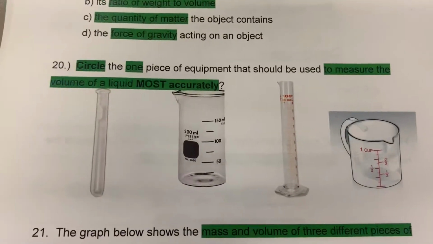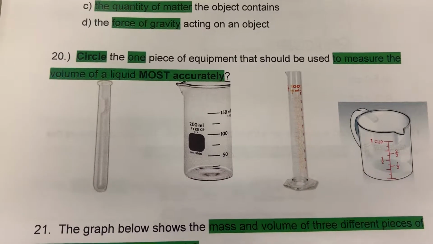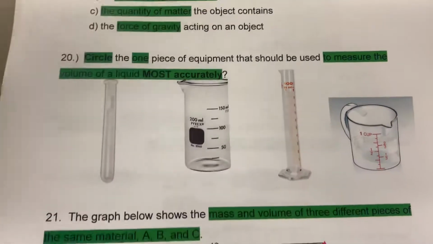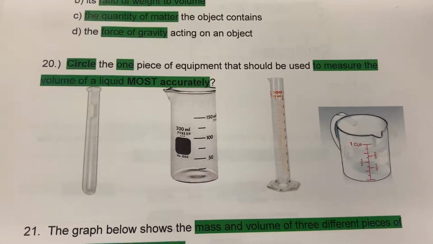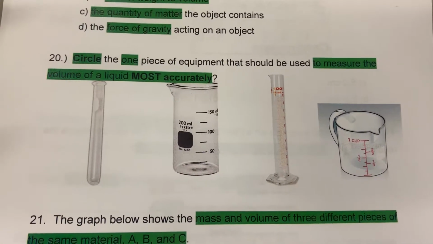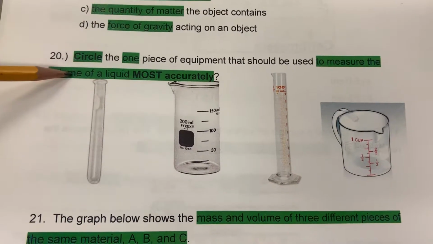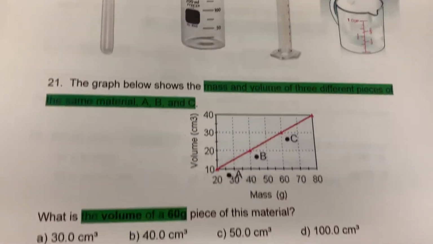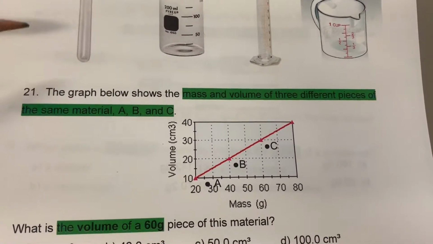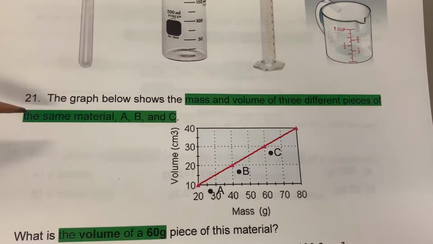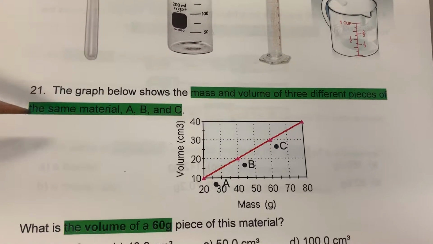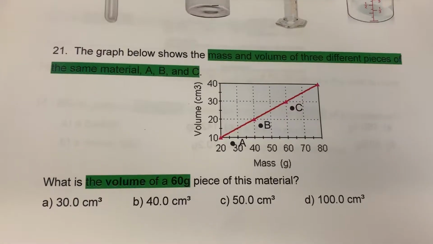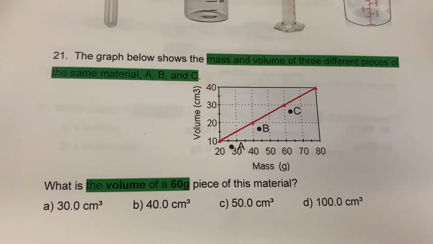20. Circle the one piece of equipment that should be used to measure the volume of a liquid most accurately. What do we use to measure the volume of a liquid most accurately? 21. The graph below shows the mass and volume of 3 different pieces of the same material, A, B, and C. What is the volume of a 60-gram piece of material?